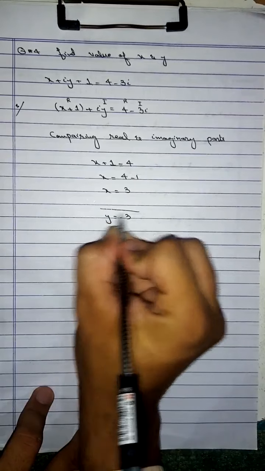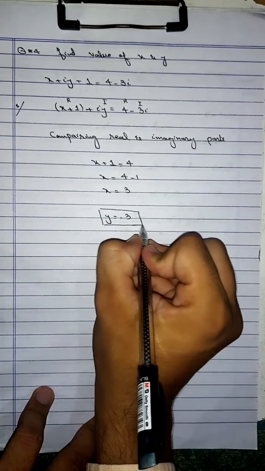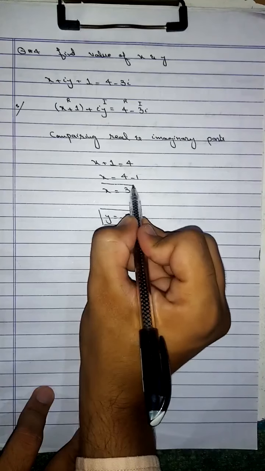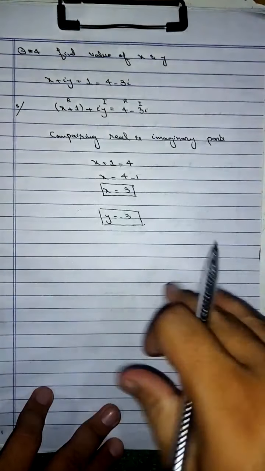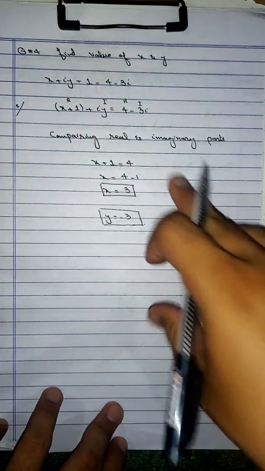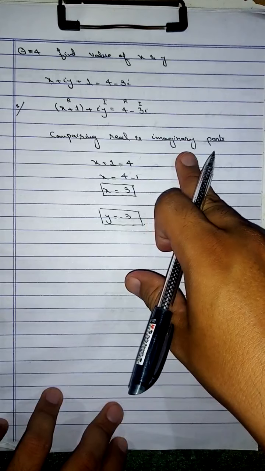So it was a simple result. We just equate real value to real value and imaginary value to imaginary value to find the values of x and y. We will keep using this result in exercise number 2.6 from the next lesson onwards.